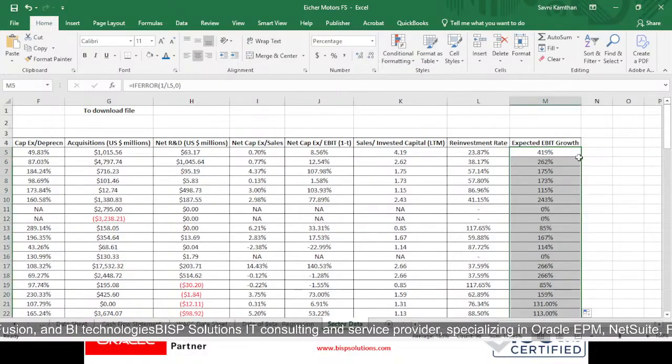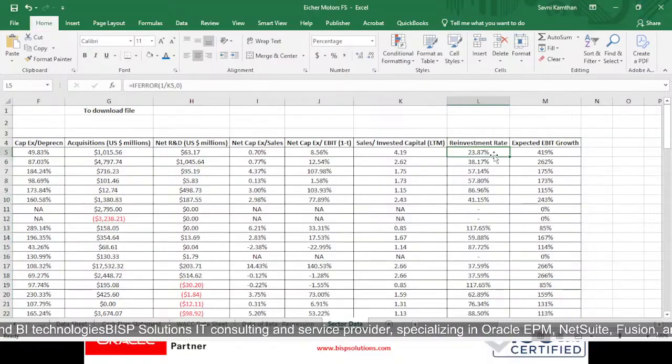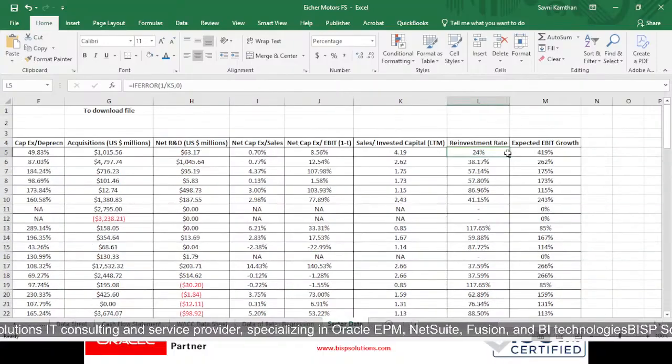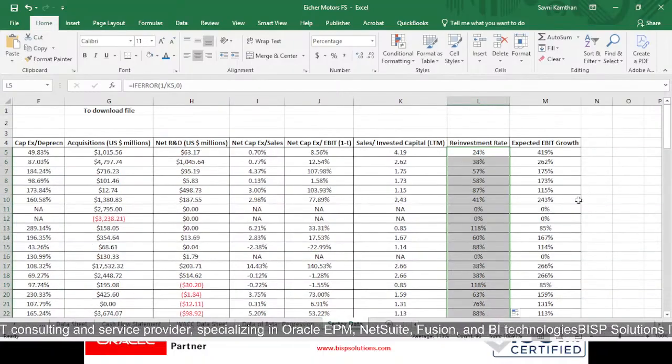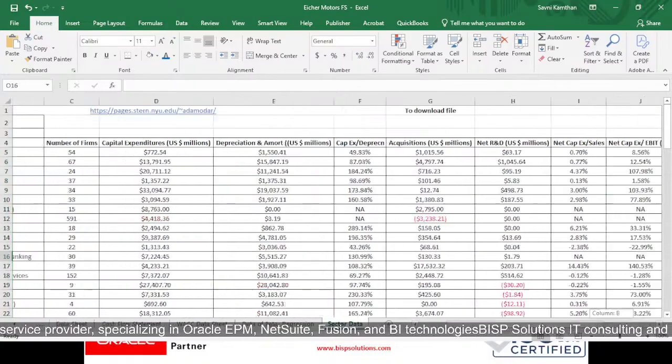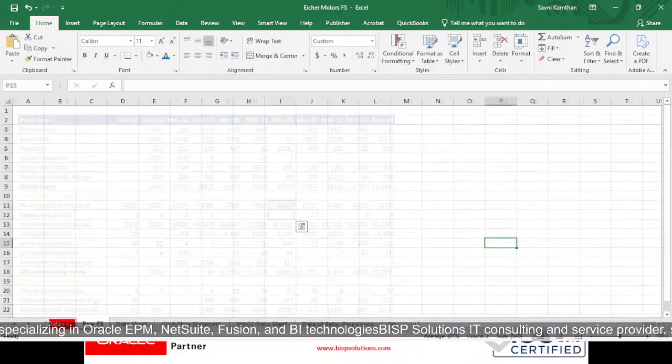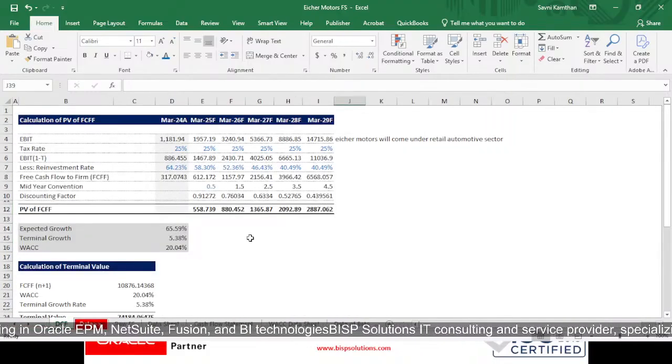You can do it like this. If you don't want, you can just do this, right? So that completes the sector data.